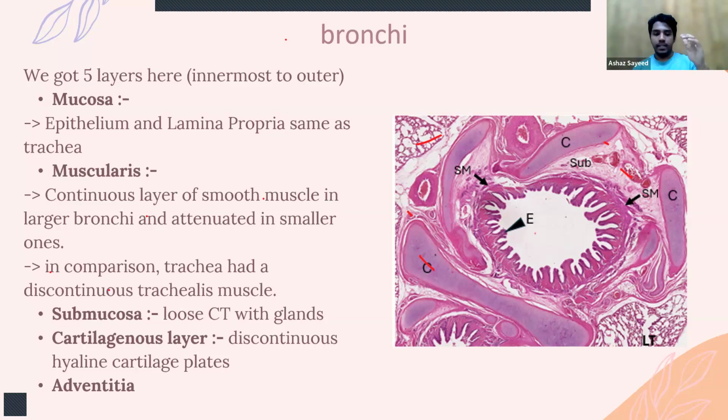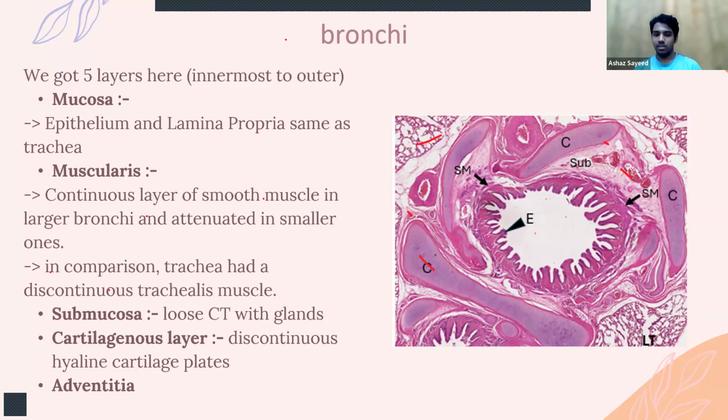Again, as I wrote down here, there is a continuous layer of smooth muscle in larger bronchi. In comparison, the trachea has a discontinuous trachealis muscle. That's it. In bronchi, you have a full continuous layer. So we have mucosa, then muscularis, then submucosa.